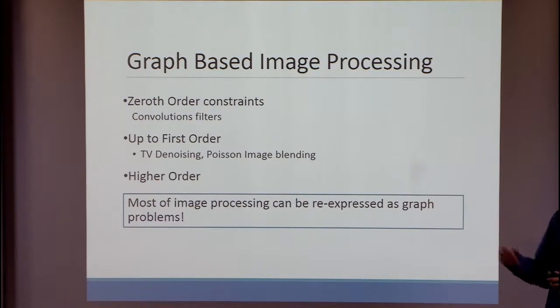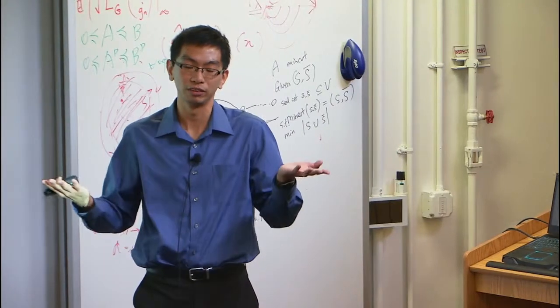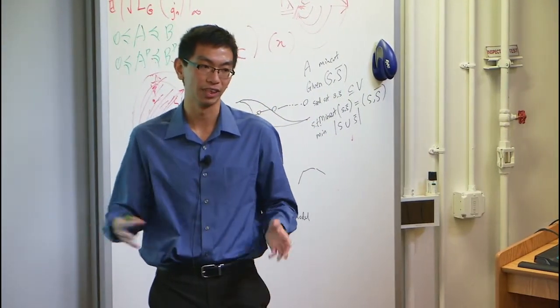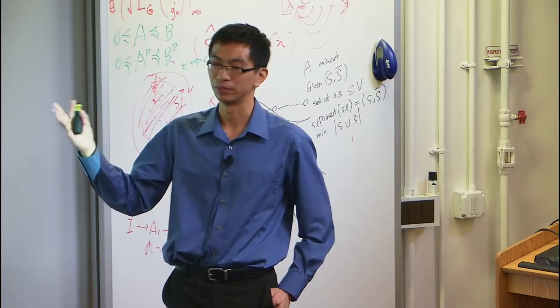The way we usually think of it is: what is a mean convolution filter over an image? Basically, you want to solve a graph where the vertices are all connected to the constraints, the image you're given, but there are no edges running between the solutions. You just solve for the 2 norm, and then magically you get convolution filters. And there are a bunch of papers that show a reduction of a large class of filters into this form.